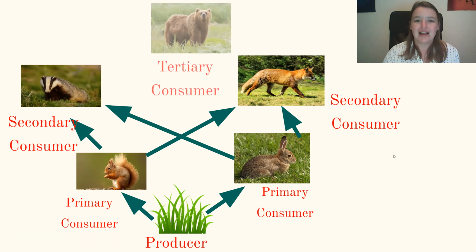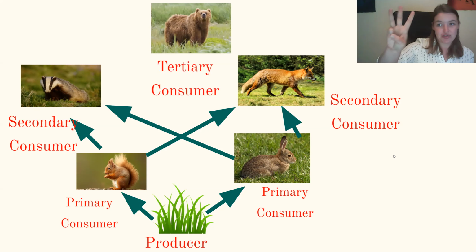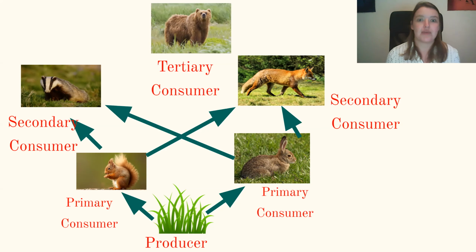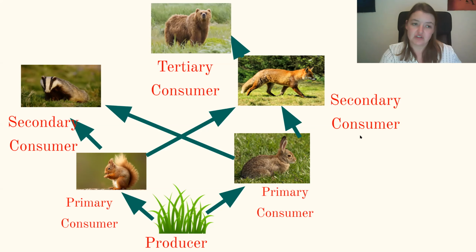Now, let's look at our tertiary, our third consumer, the bear. Bears will eat foxes. You wouldn't normally find a bear consuming a badger. It doesn't normally happen. So actually, at this moment, in our food web, the bear only consumes the fox.